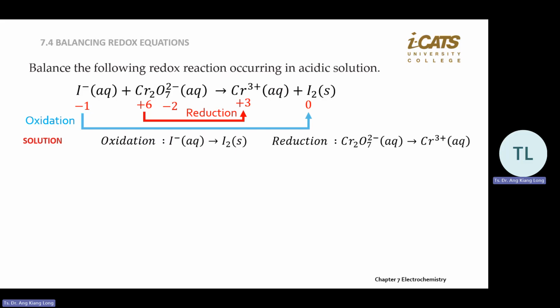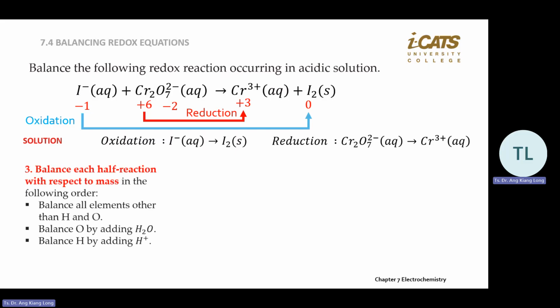So you need to release electrons to become neutral, so this is plus 1 electron. Here you need to balance. This one is a bit complex. You need to follow the order: balance the element, then if you see O, you need to add water, and if you see H, you need to add H plus on the other side.